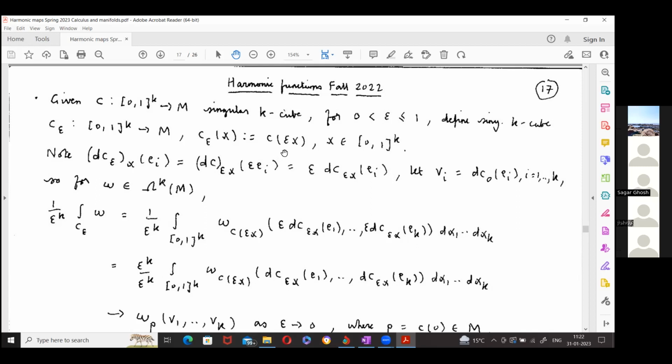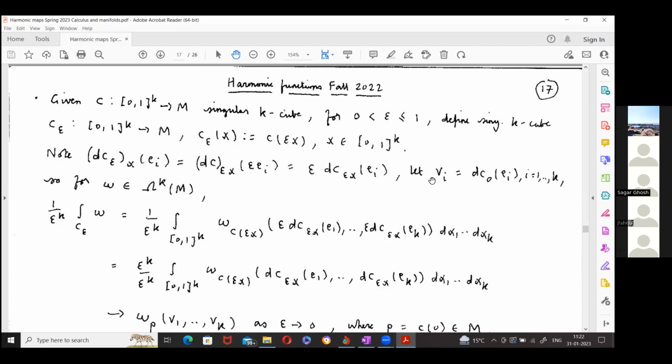The derivative of the map x goes to epsilon x is just multiplication by epsilon, since it's a linear map, so its derivative is itself. So by the chain rule, this is dC at epsilon x applied to epsilon e_i, and by linearity the epsilon comes out. So this is epsilon times dC at epsilon x applied to e_i.